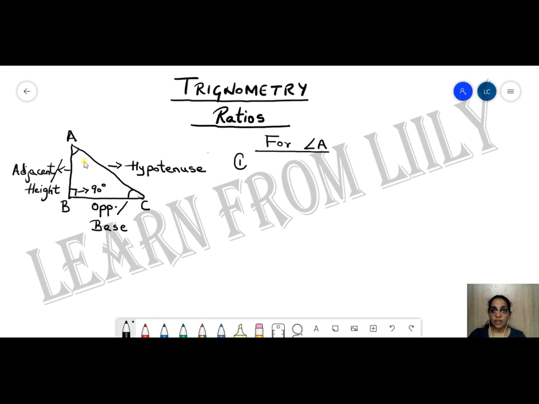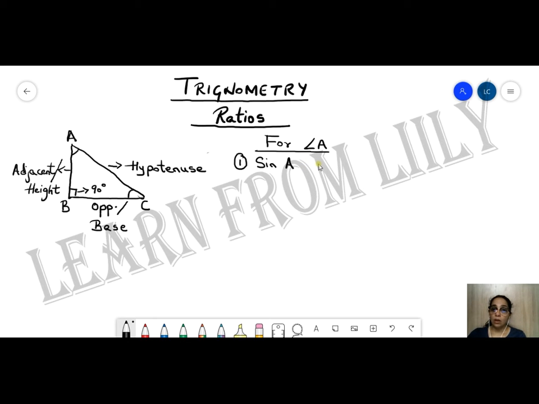The first ratio, the basic ratio defined is sine A. Okay, this can be sine theta. That is, I am using the name of the angle. In my triangle, the name is A. So I am going to call it sine A. Okay. Or if they have given us some value over here, say 30 degrees or something, I will write sine 30 degrees. So that is also possible. Here I am simplifying it, I am calling it sine A.